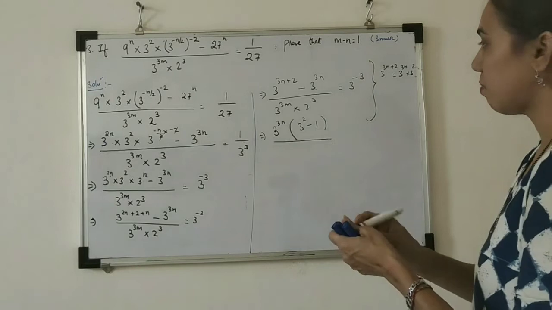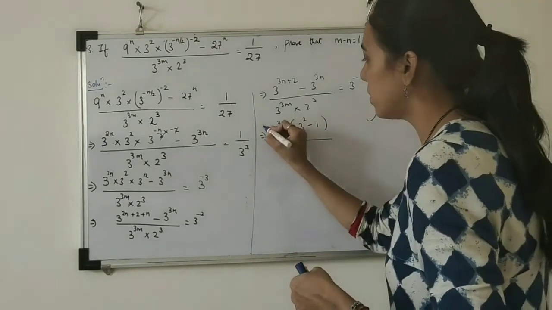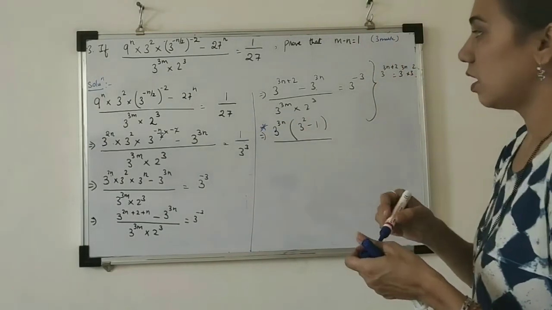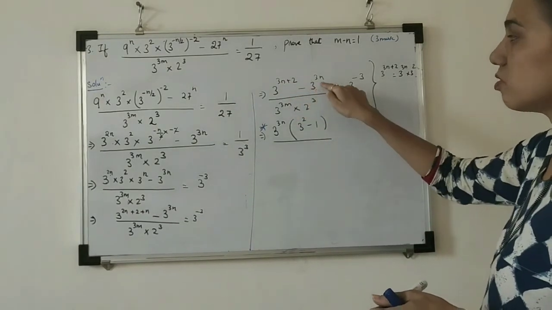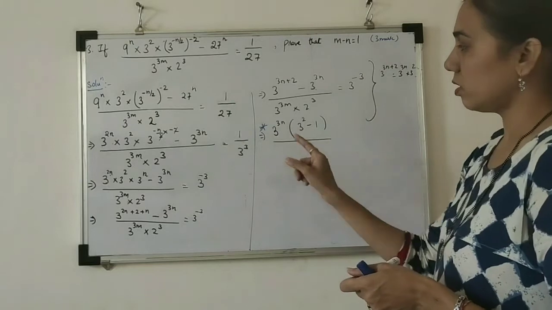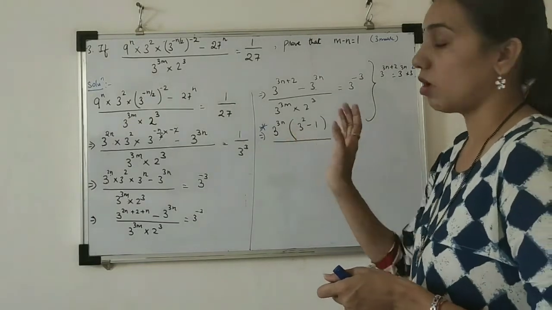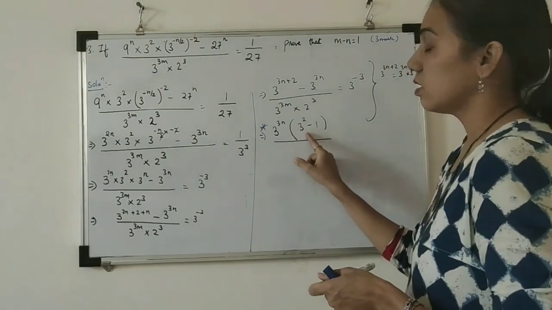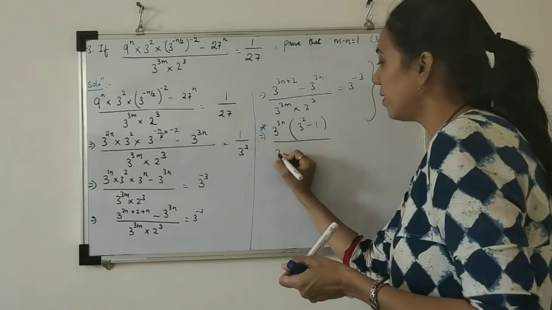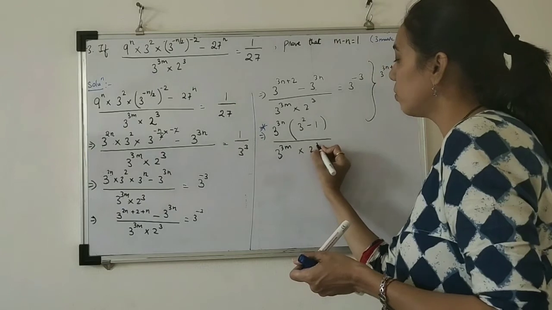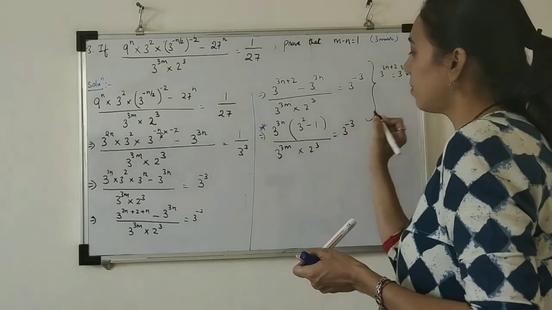This is the very important step. This step should be understood. Again I'll explain. This is 3 to the power 3n plus 2 minus 3 to the power 3n. So from these two terms I have taken 3 to the power 3n common. Inside, 3 square minus 1 is left, over 3 to the power 3m into 2 cube, is equal to 3 to the power minus 3.